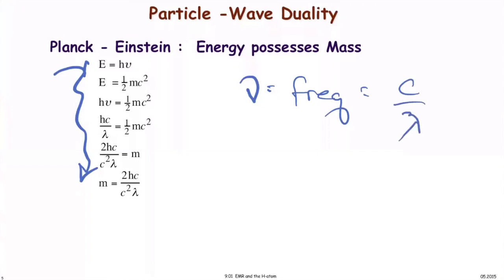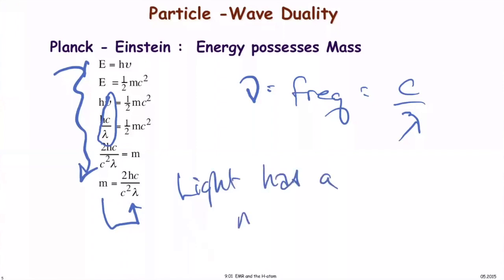And so that's what we have right here. And if you rearrange this equation, and don't worry about the math, you find out that light has a mass component.